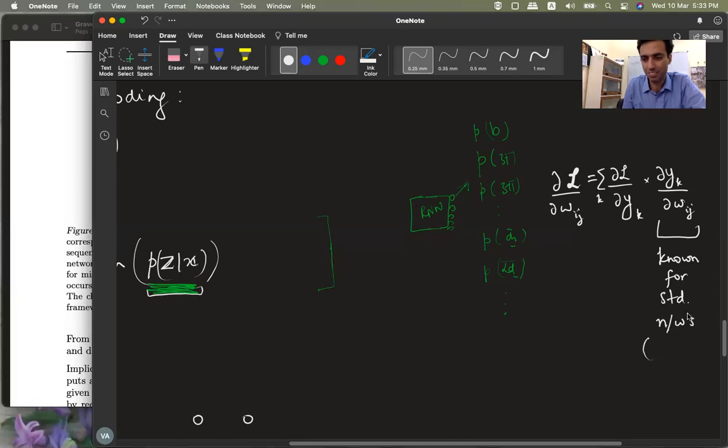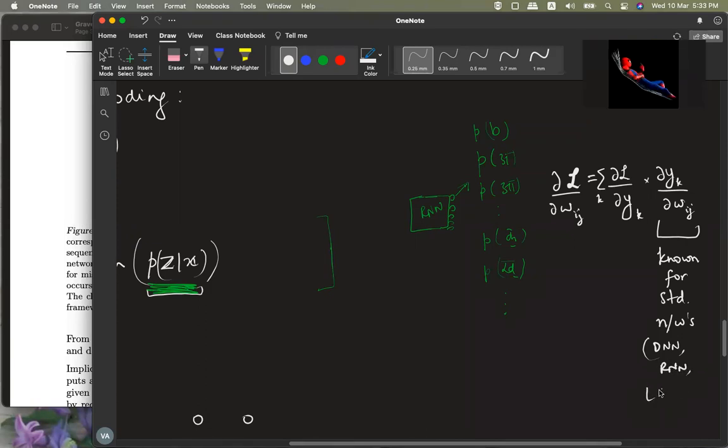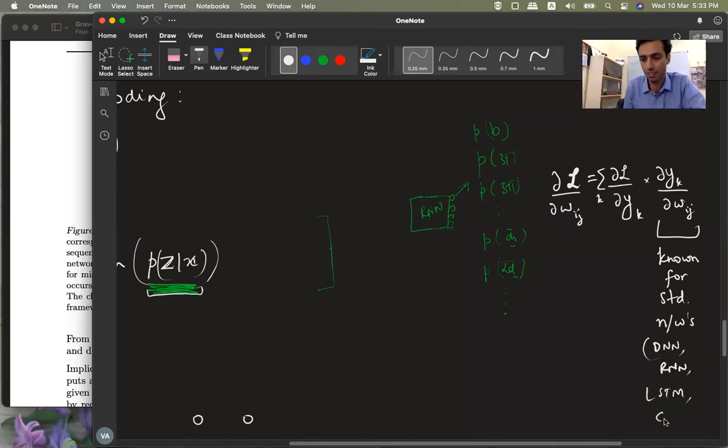You can use anything: dense or fully connected neural network, RNN, LSTM, CNN. These are all standard networks, and this term is very well known.